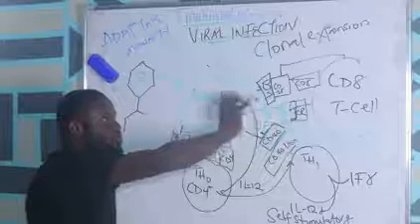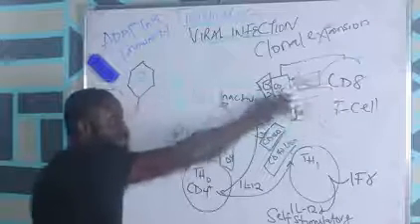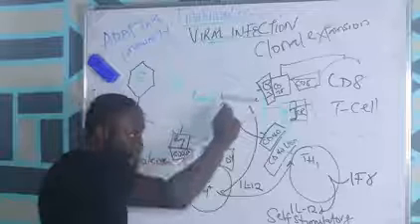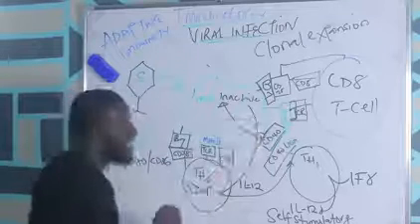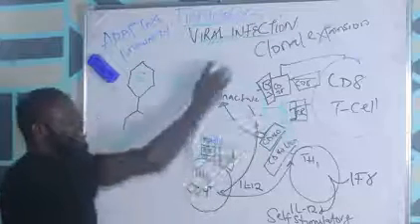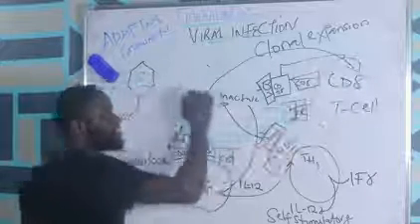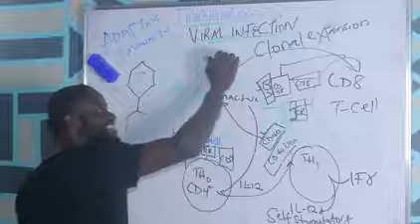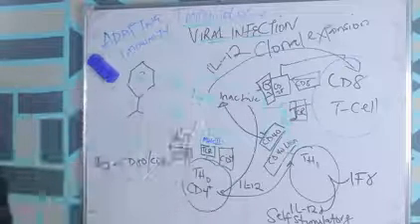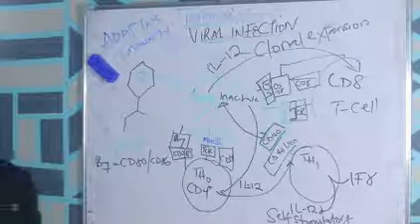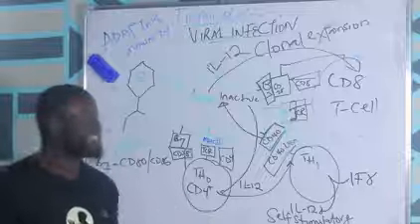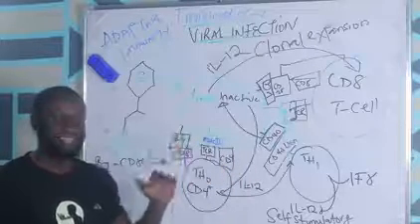When the macrophage binds to the CD8 through the CD8 and the T cell receptor, it now activates the macrophage to release what again? Interleukin 12. This is really beautiful.